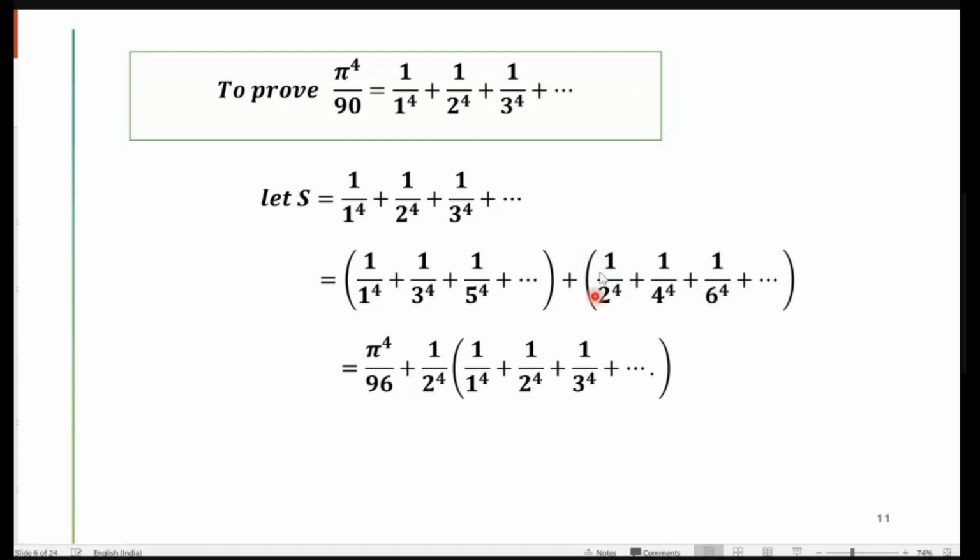तो क्या बचेगा, यहाँ पे हो जाएगा 1 upon 1 raised to 4 plus ये कितना बचेगा, is it 2 raised to 4? 4 raised to 4 में से अगर 2 raised to 4 बाहर निकाला तो क्या बचता है, is it 2 raised to 4?